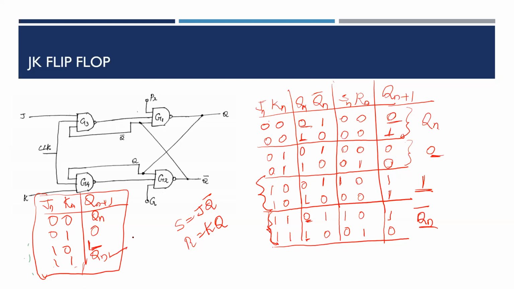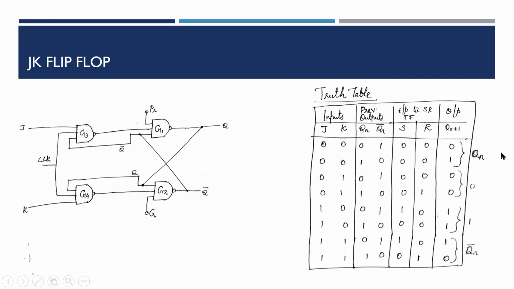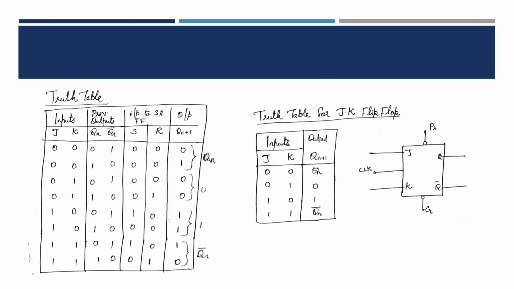So the problem in the last row is sorted out. Now is it clear? മനസ്സിലായോ? Okay. കണ്ടോ? Truth table for JK flip-flop. ഇതാണ് JK flip-flopന്റെ truth table.